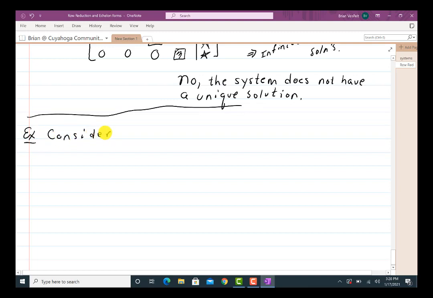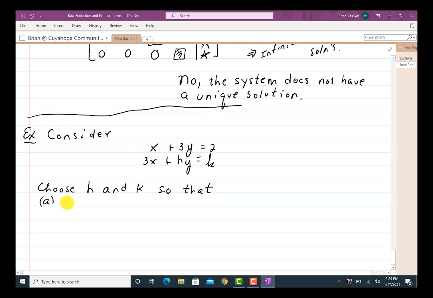Next, consider the following. Here we have x plus 3y equals 2 and 3x plus hy equals k. I don't know what k and h are, but what I'd like to do is the following. I want to choose h and k so that A, we have no solution.